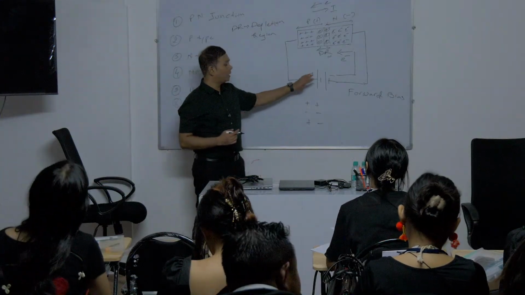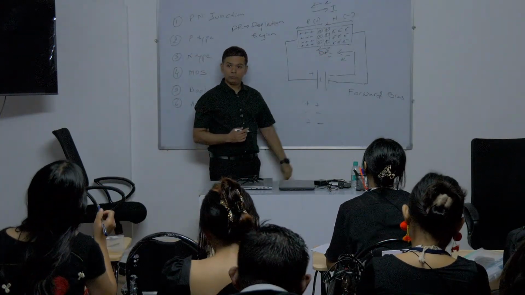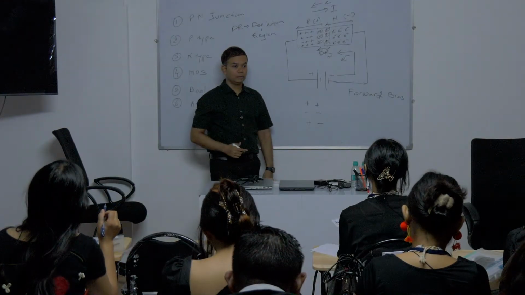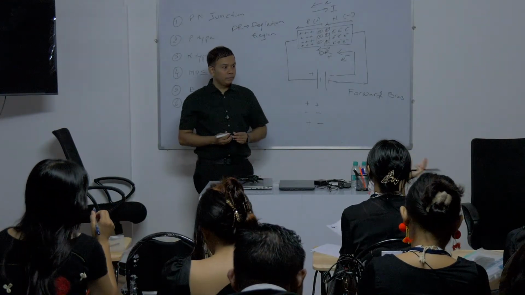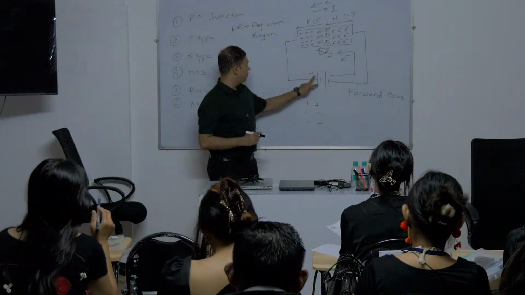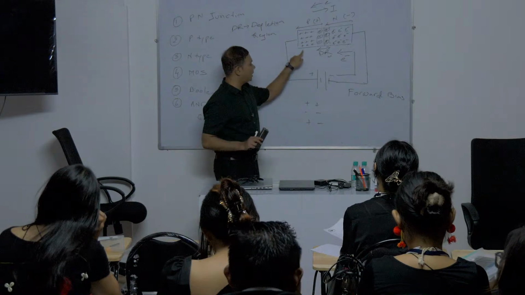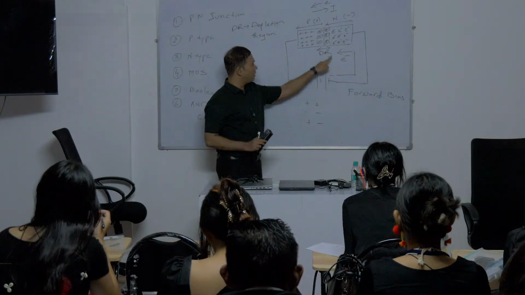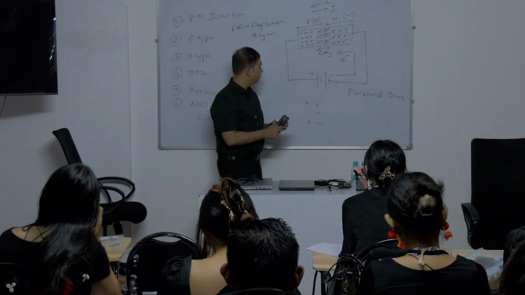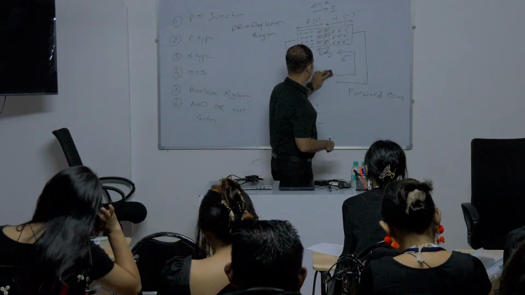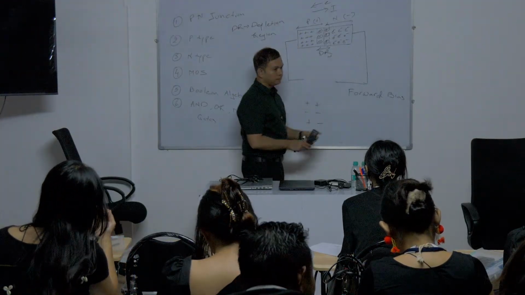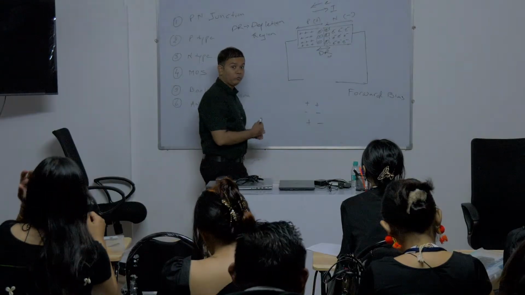If I want to make it reverse bias, what change do I need to make? We connect the battery in the opposite manner, right? So now the negative will be connected to positive and positive will be connected to negative. Because of that, what do you think will happen?